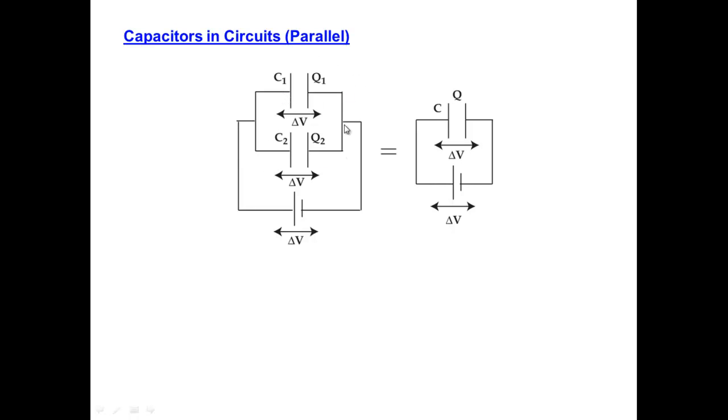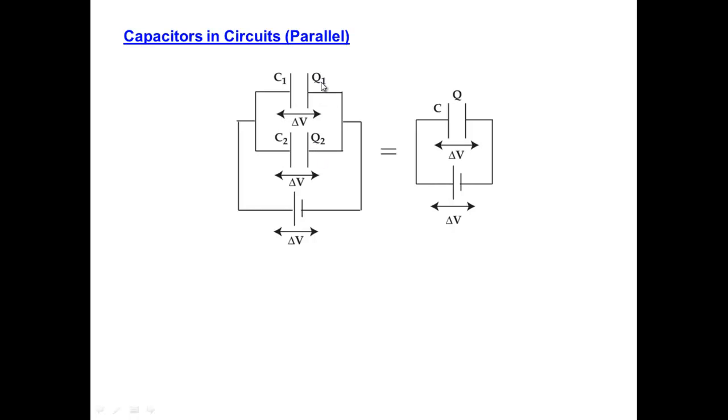So if we replace these two parallel capacitors by a single equivalent capacitor, once again we would like to calculate how C is related to C1 and C2. Now in this case, because they're connected in parallel, the potential difference is the same across them, and that implies if they have different capacitances that their charges will be different.